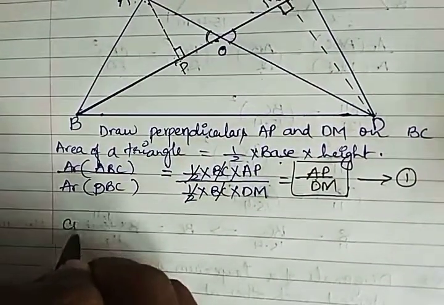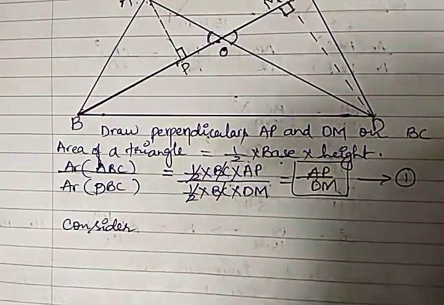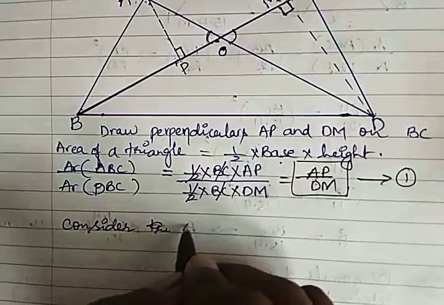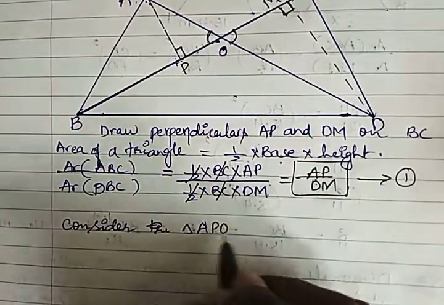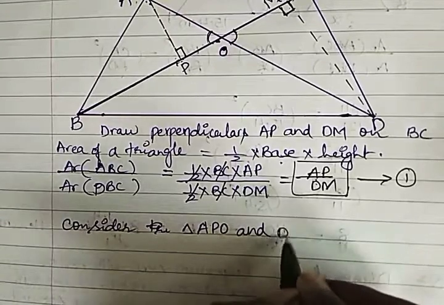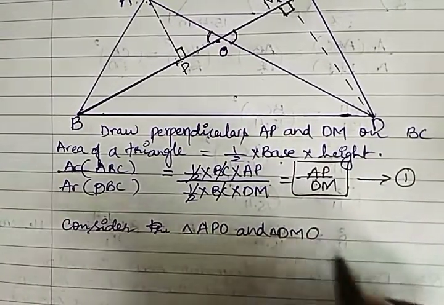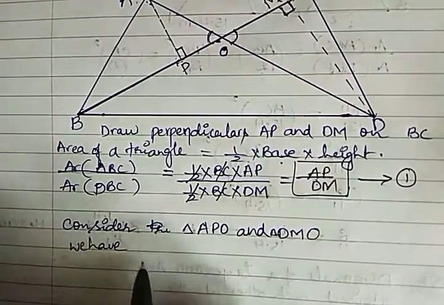Consider triangles APO and triangle DMO. What do we have in these two triangles?